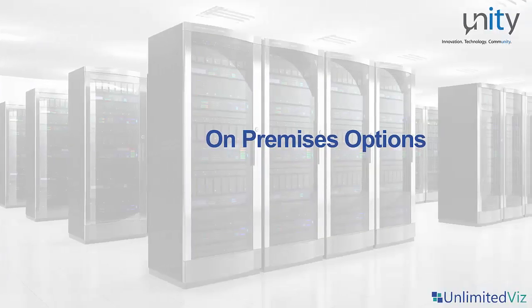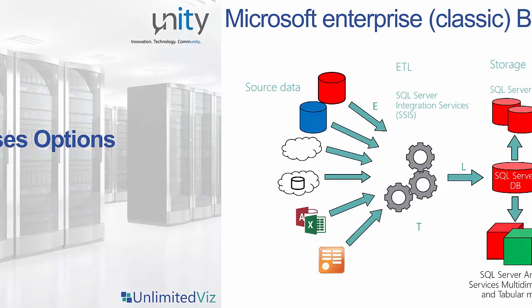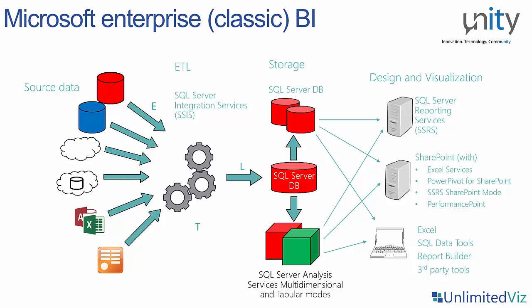So we're going to start by looking at on-premises options, and that's the more traditional approach. Not surprisingly, the SQL product suite lines up rather well. If we overlay the products on top of the model that we just talked about, the source data is of course the source data. ETL is performed by SQL Server Integration Services, SSIS. It's the unsung product of the entire BI stack, if you ask me.